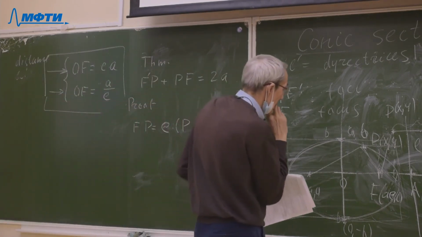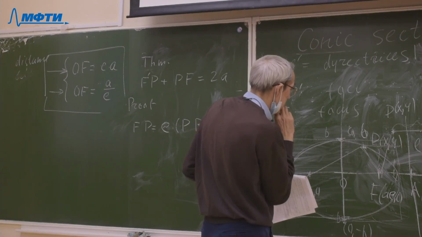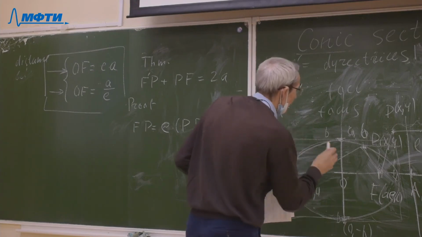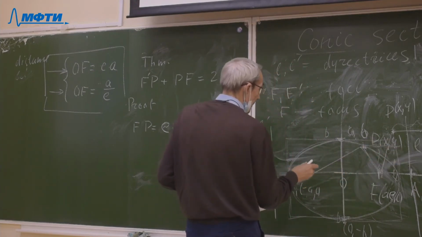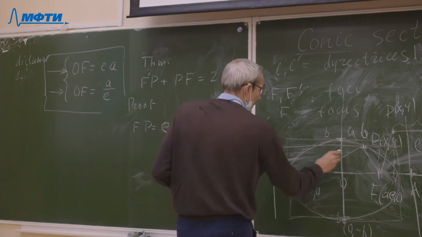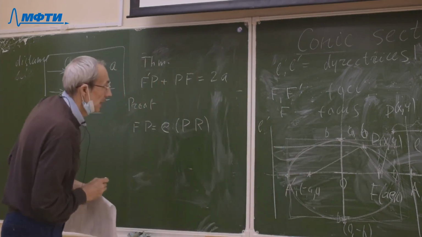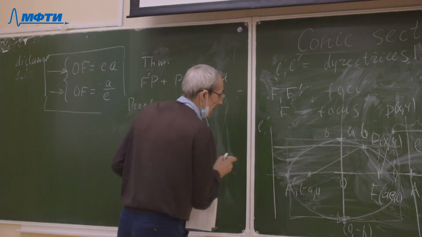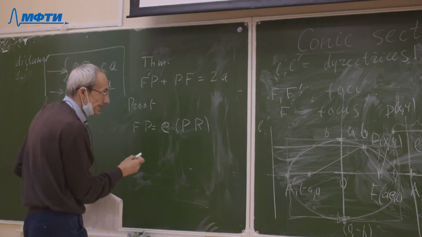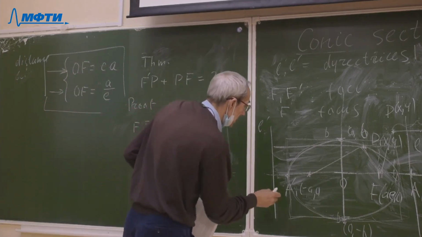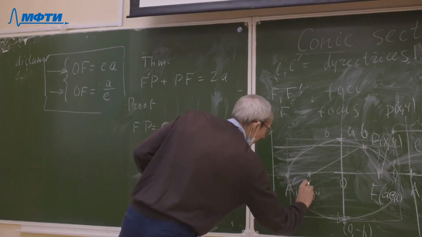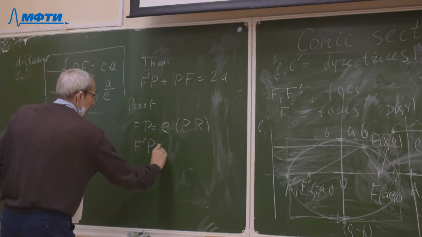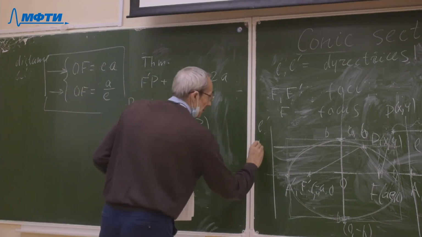And by symmetric way, the distance F prime P is equal to E PR prime.